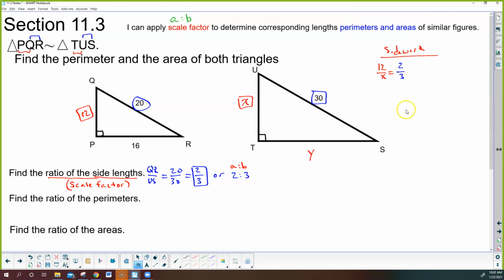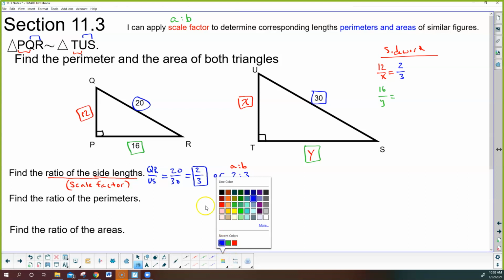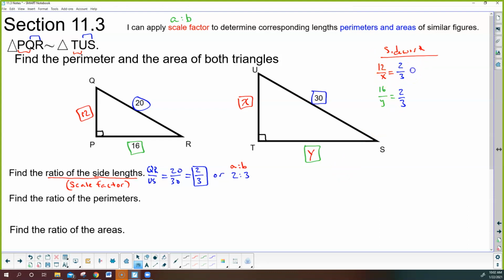I'm going to cross multiply and solve that. But let's set up the y value as well. 16 compared to y. So 16 over y also has to equal the scale factor of 2/3. So those are my two to cross multiply and solve. So if I do 3 times 12, that's 36. That's equal to 2x. If I divide by 2, x is equal to 18.